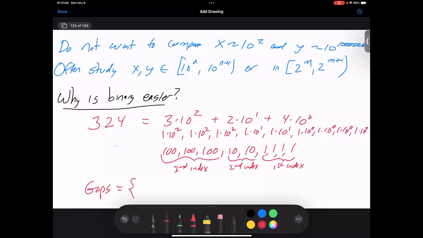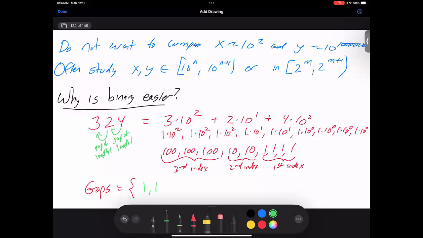Okay, so gaps are when we go from the ones to the twos, that's a gap of length 1. And we have a gap of length 1 when we go from 2 to 3.